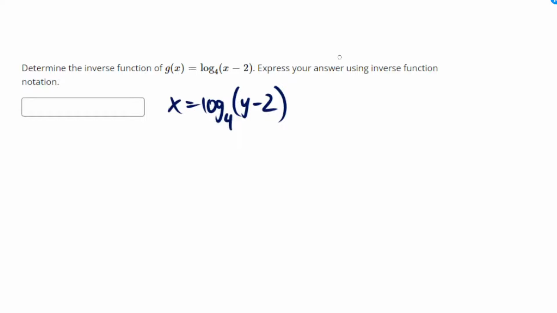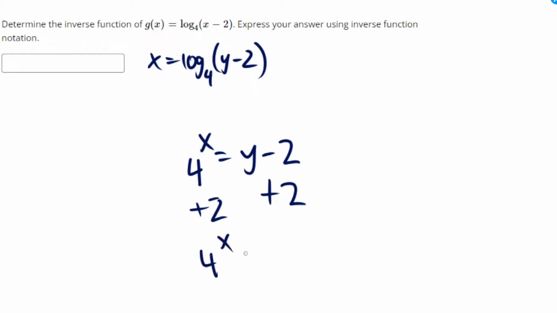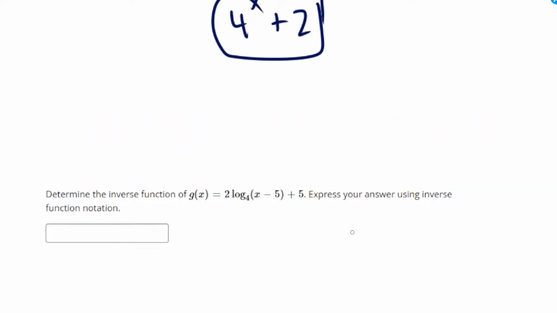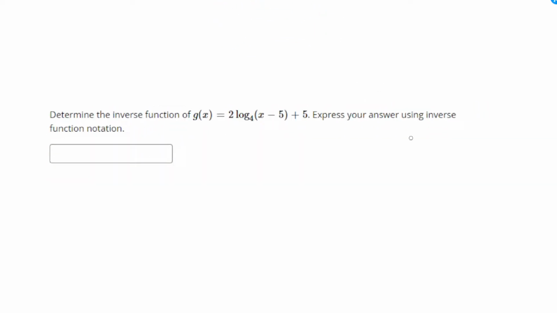If it was outside of the parentheses, we would have to add 2 to both sides. But since it's inside the parentheses, we can switch to exponential form already. So we'll have base 4 to the x equals y minus 2. Now we can add 2 to both sides to get y by itself. So we have 4 to the x plus 2, and that's our new answer. f inverse of x equals 4 to the x plus 2.